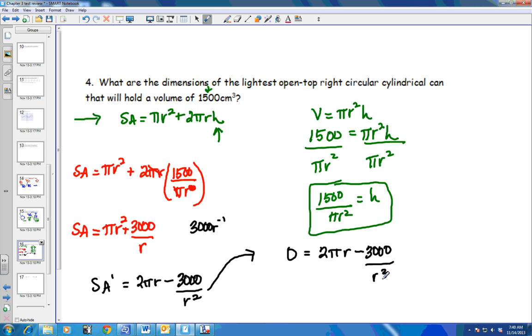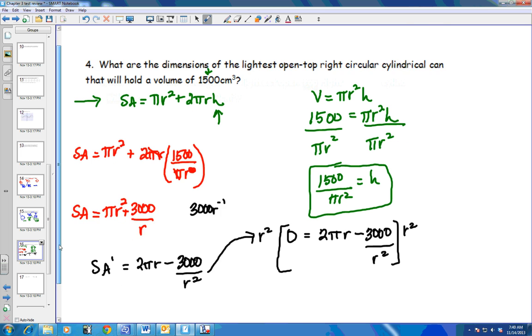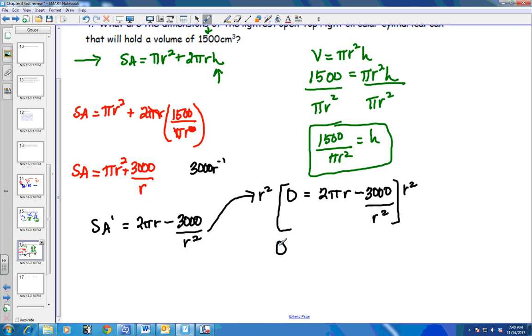I'm going to multiply everything by r squared. So I get 0 equals 2 pi r cubed minus 3000. Solving for r, I have 3000 equals 2 pi r cubed.